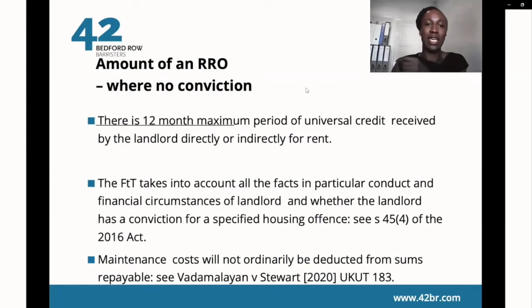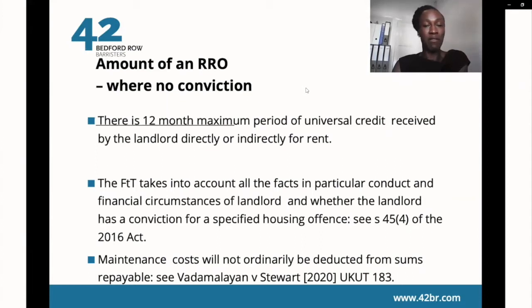So this includes mortgage payments. The tribunal in that case took the view that mortgage payments were an investment in the property and therefore did not justify the tenants to contribute towards the investment through deductions in respect of the rent repayment order award. It follows from that it's unlikely that tribunals will therefore deduct mortgage payments going forward.